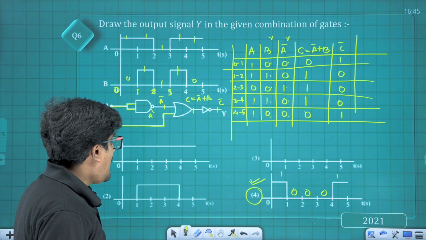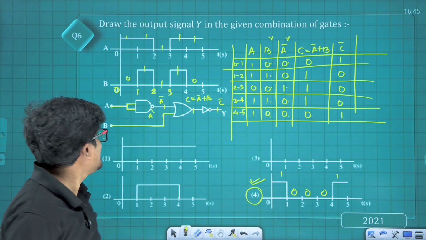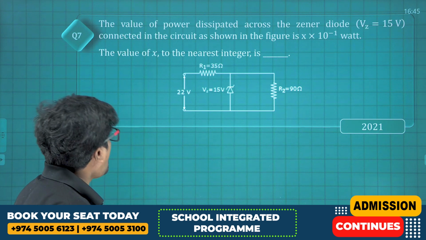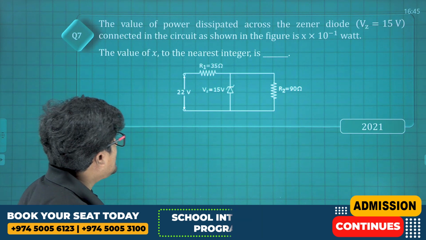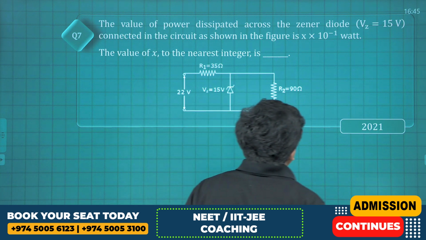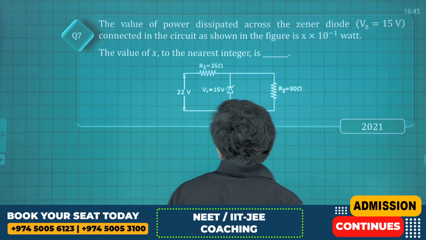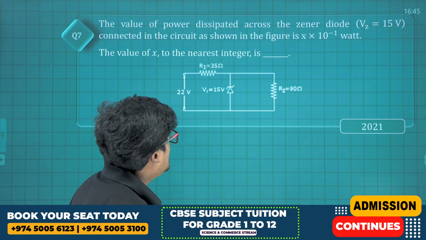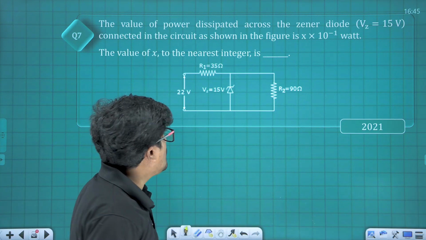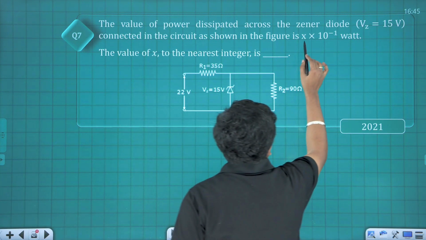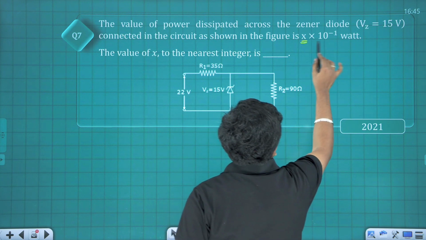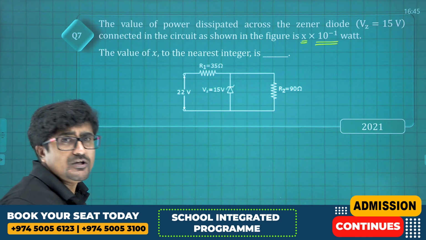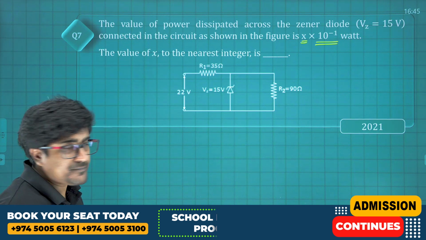Alright. Now let's move to the next, that is question number 7. Question number 7 says the value of power dissipated across the Zener diode whose breakdown voltage is 15 volt connected in the circuit as shown in the figure is x into 10 to power minus 1 watt. Then the value of x to the nearest integer is the question.